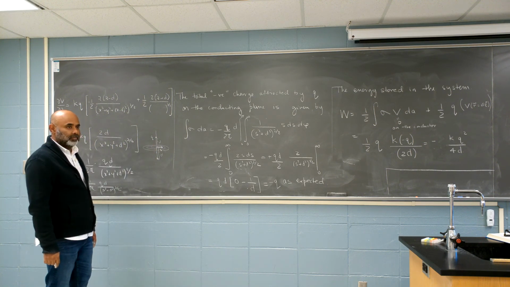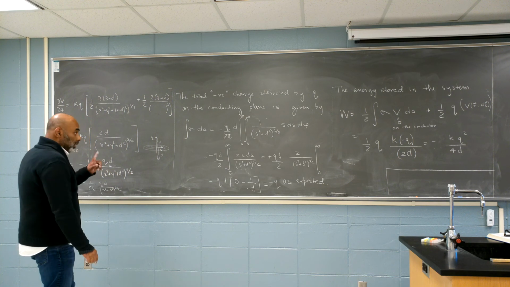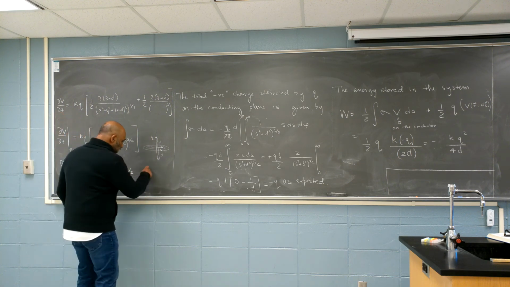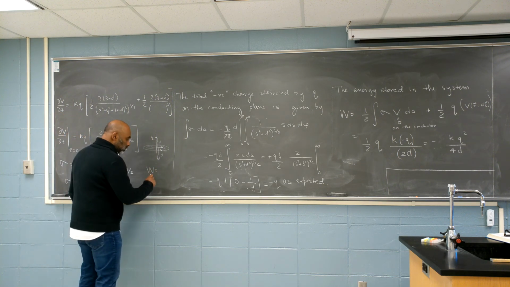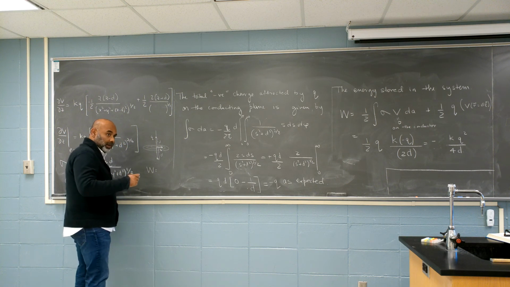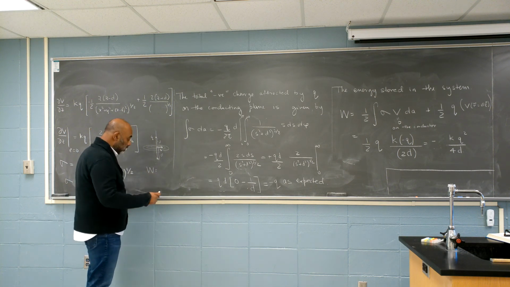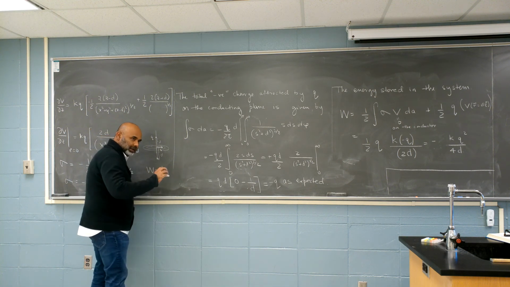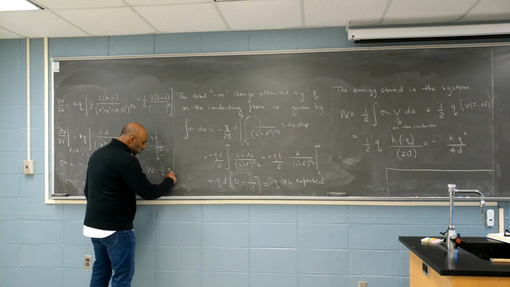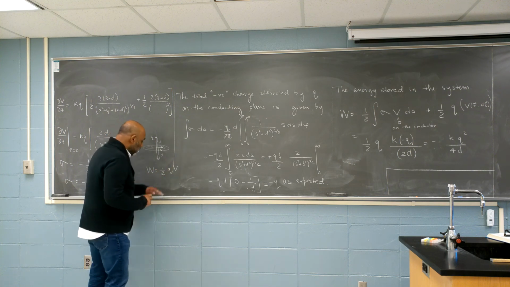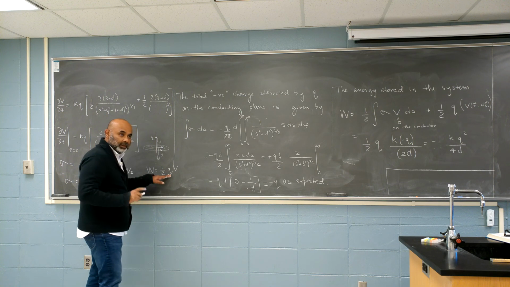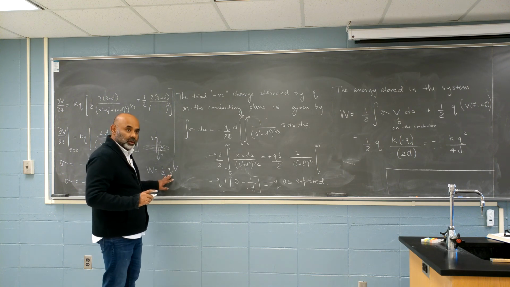Why are we only talking about the potential on the conductor? Yeah, I'm recalling a few things. See, there are many ways to compute the energy stored in a system. Viewed discretely, it is Q times V. Wherever there is charge, there are charges in two places in this problem.